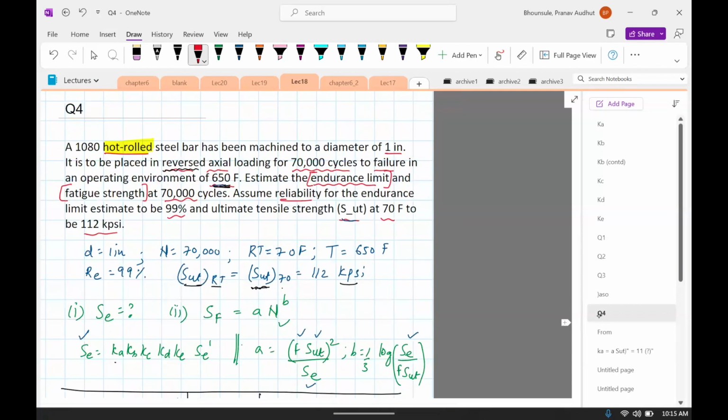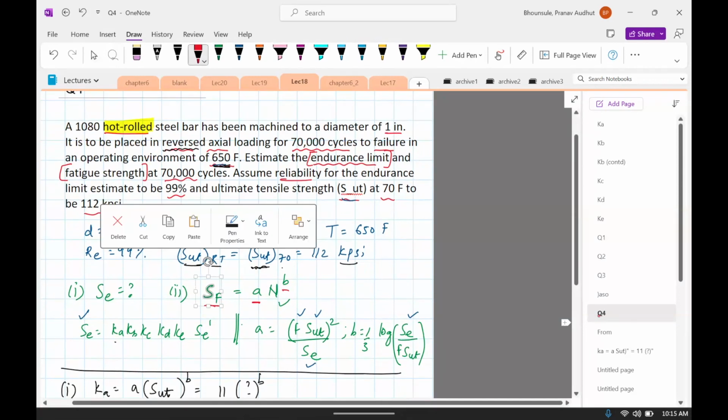If you look at part two, we are asked to compute Sf. For that, I need to compute A and B, and then N is 70,000. So let's compute A and B and go from there.